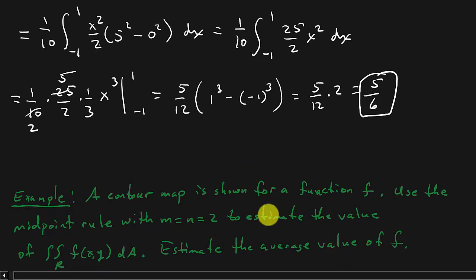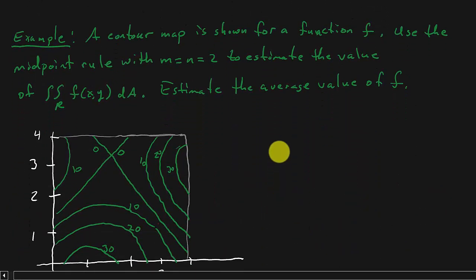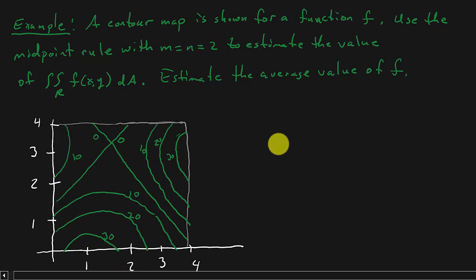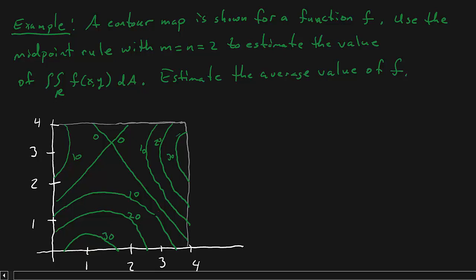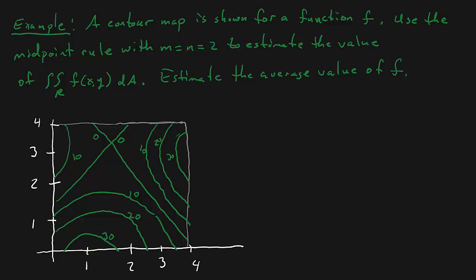All right. So let's look at this. This is an example from the book. I tried to redraw that picture in the book as best I could, but it is what it is.